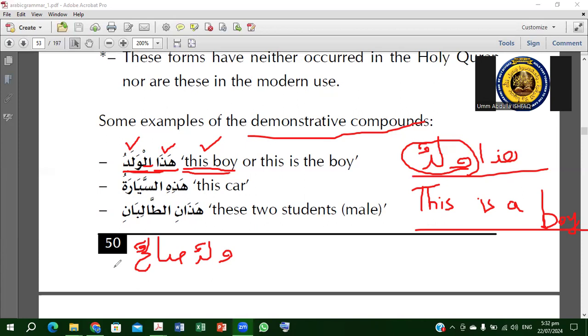Yes, anyone? He is a good boy. No, wrong. Why is it wrong? Because this is the same. It is sifa mawsuf. Yes, you are right.